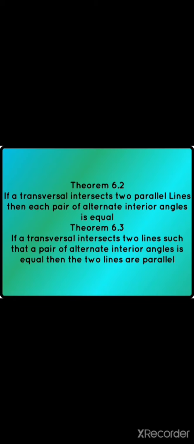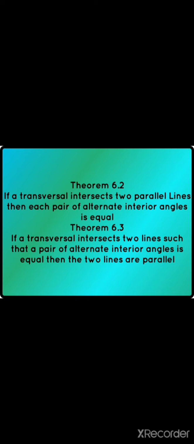Next, the property of the second pair of angles, alternate interior angles. That is given here as 2 theorems, theorem 6.2 and theorem 6.3.